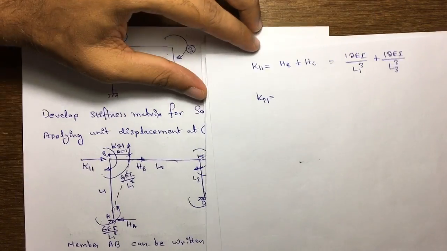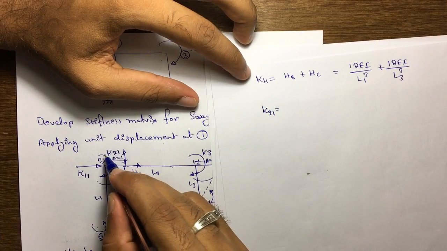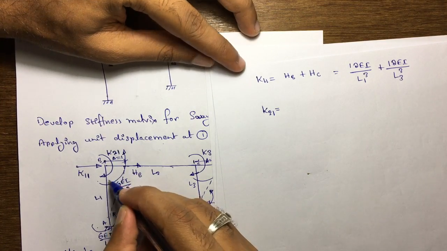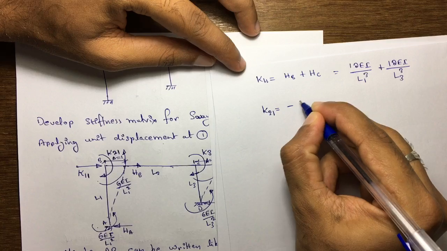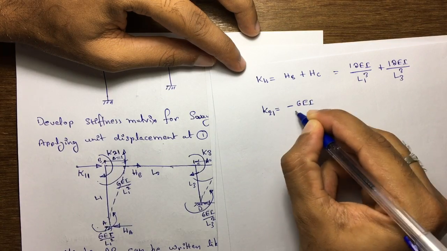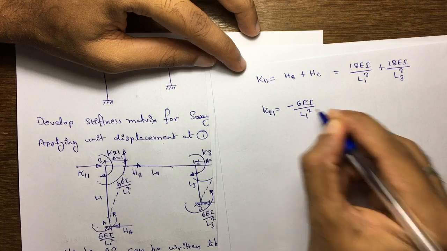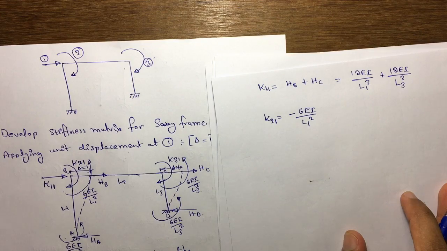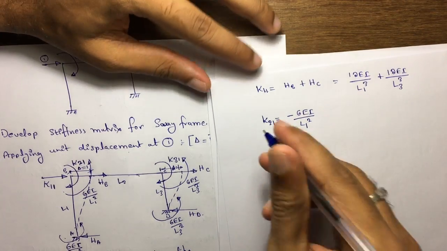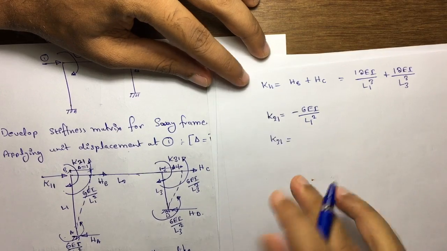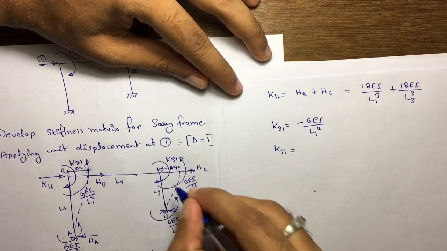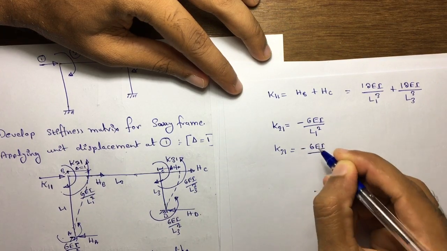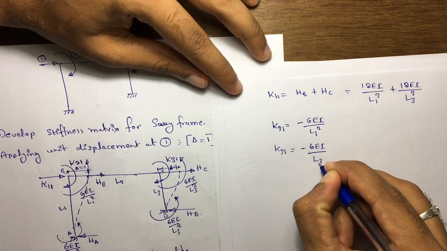So if I see that K21, our assumption is clockwise, but our rotation is acting anti-clockwise. Therefore K21 is equal to minus 6 EI divided by L1 square. At the same time K31, that is clockwise, but our reaction is minus 6 EI divided by L3 square.